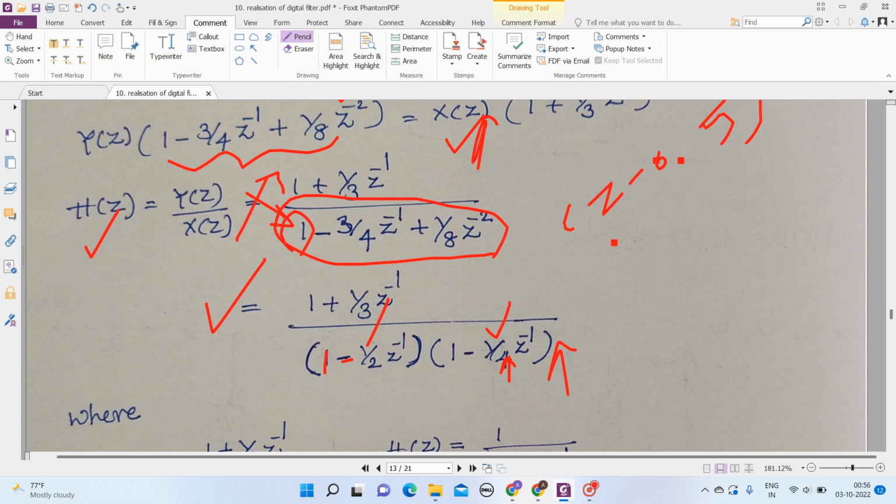You shouldn't write z minus 0.5 like this. This z goes down and the 0.5 comes here. 1 by z means what? Z inverse, right? So we have to write like this.